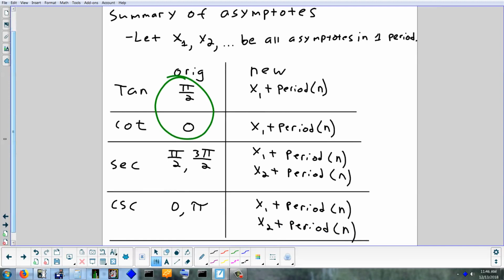Well, I just pick the first positive asymptote that I see. Doesn't mean you couldn't pick other ones, but I think if you start picking negative ones, you're going to confuse yourself. So for tangent, your first positive asymptote is at pi over 2. For cotangent, we won't say positive, we'll say our first non-negative asymptote. It's right on the y-axis.